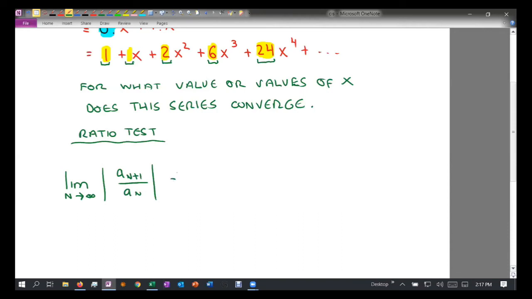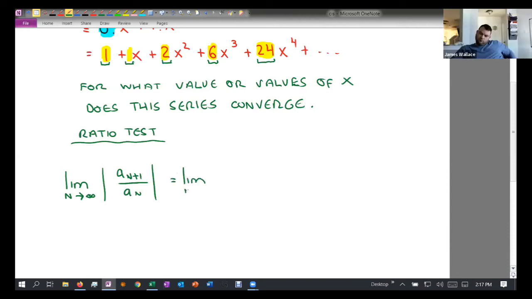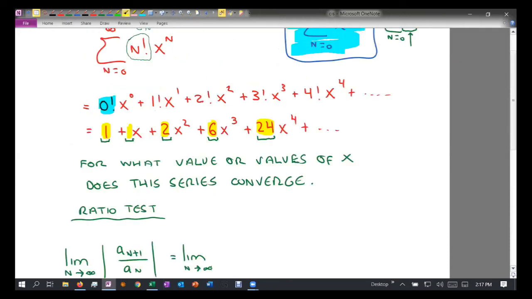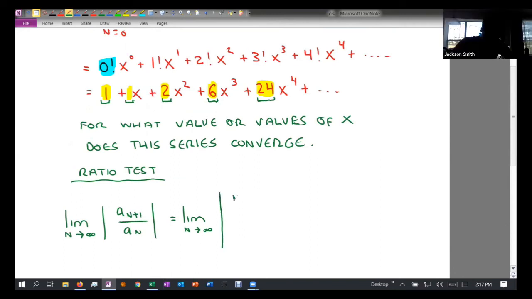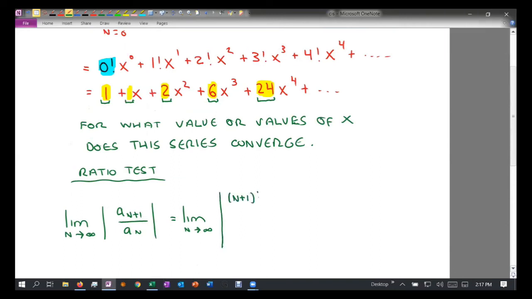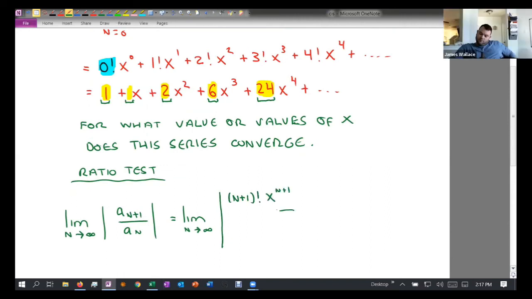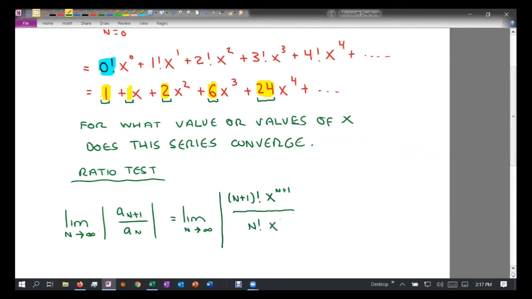For us, a sub n plus 1 is actually this in pink, replacing n with n plus 1, and we're just going to leave x alone, right? So what should it be? n plus 1 factorial x to the n plus 1, over n factorial x to the n.